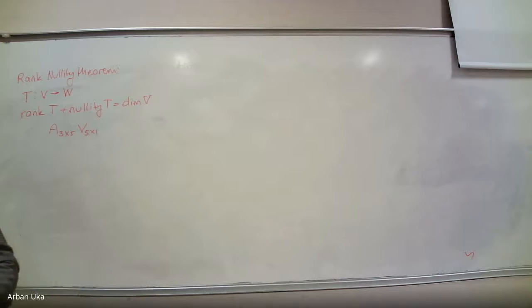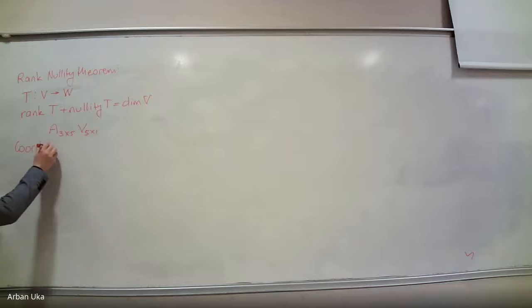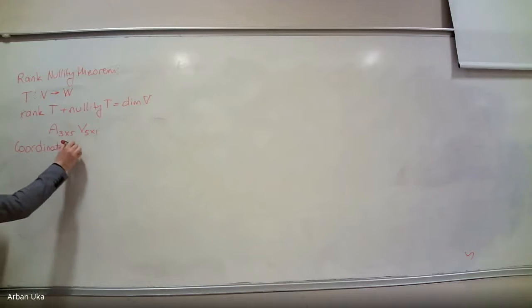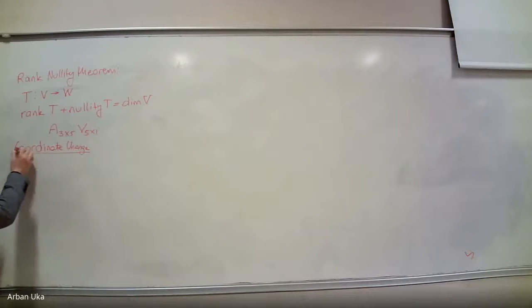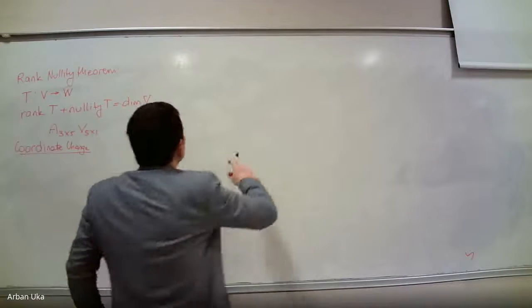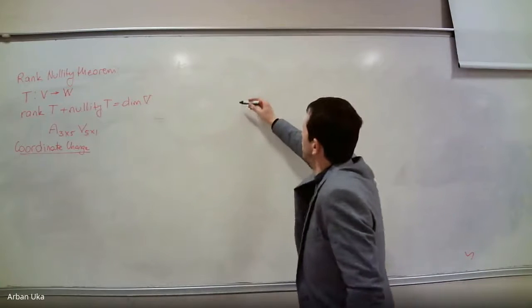Okay. Now we move to the next important topic, which is the coordinate change. This is the most important part of linear algebra. When we talk about the coordinate change, I'll try to give the big picture.